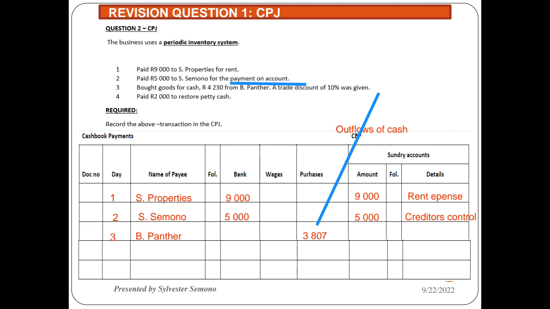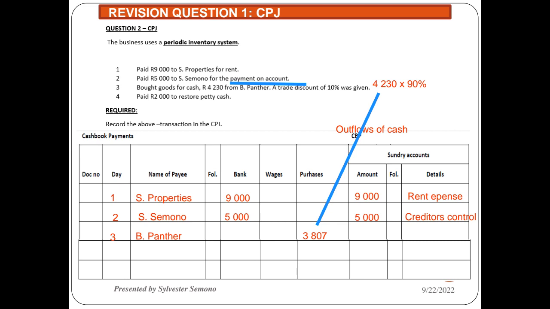The short method I just said is times 90%. Do you understand this? This is the short method. Those who used 10% can say 4,230 times 10%, and they get something like 423.